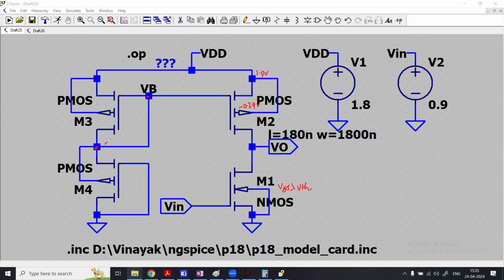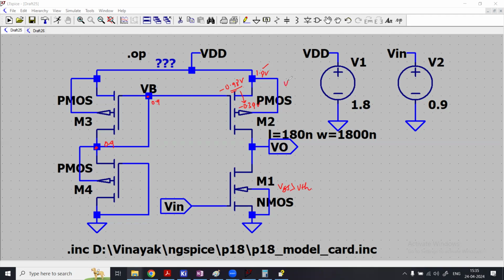The voltage here will be half of it, so 0.9, and the drop here is minus 0.9 volts. So again, it is greater than this threshold voltage.